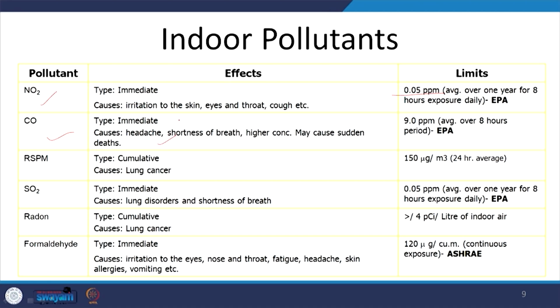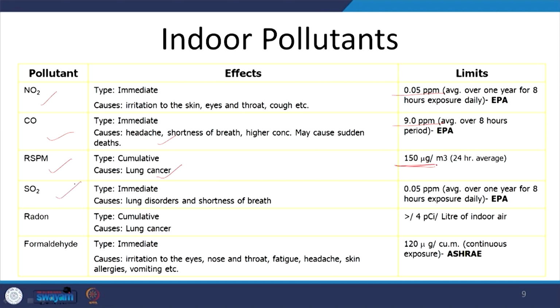The maximum limit is 9 parts per million as per the EPA. Then we have RSPM, which is a cause of lung cancer. The maximum limit is 150 micrograms per meter cube, a 24-hour average.